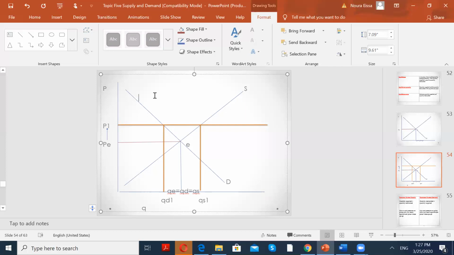So here we have, when prices increased from P1 or equilibrium price PE to P1, what happened? You are above or below equilibrium? We are above equilibrium.